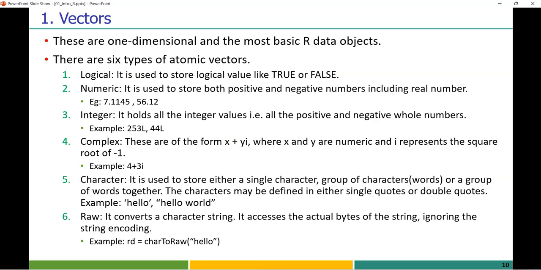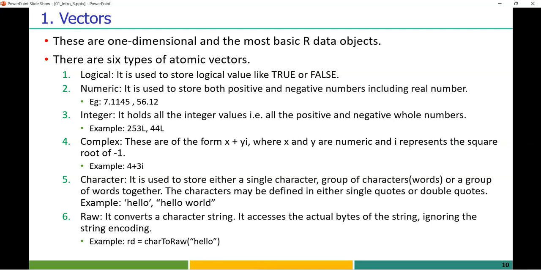The first one is a vector. A vector is a one-dimensional data structure, and it is a very fundamental data structure in R programming, and it has 6 types. The first type is logical, which stores only true or false.